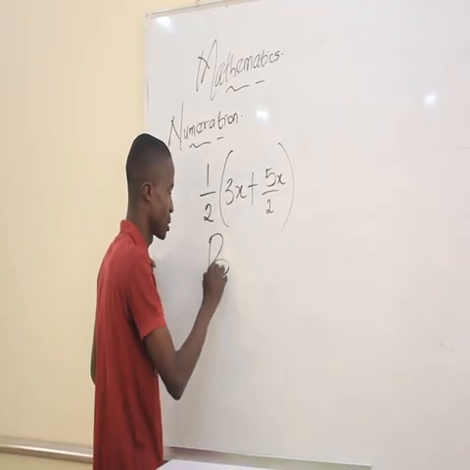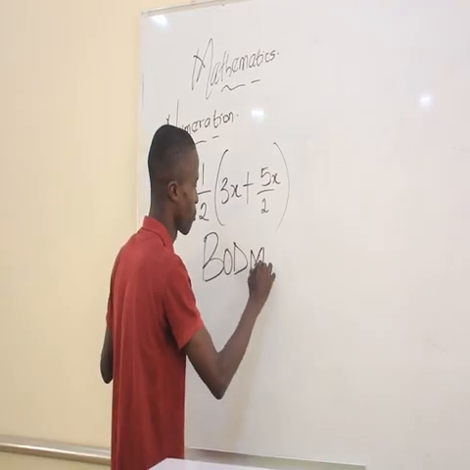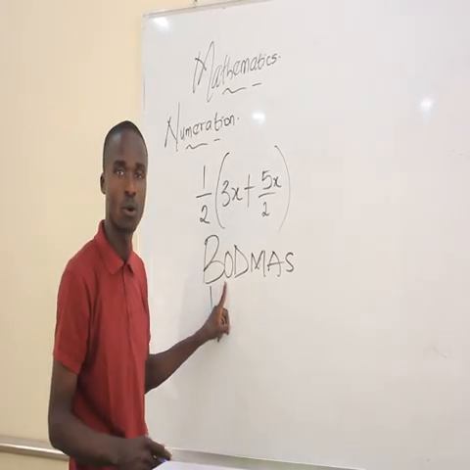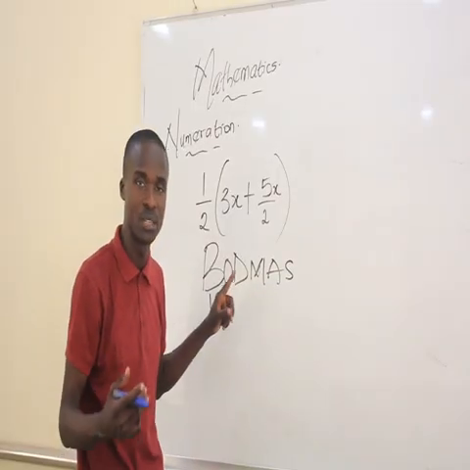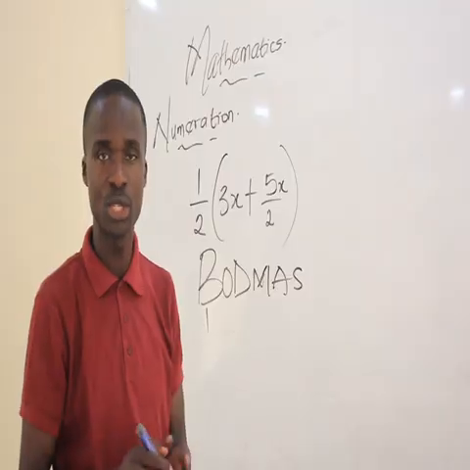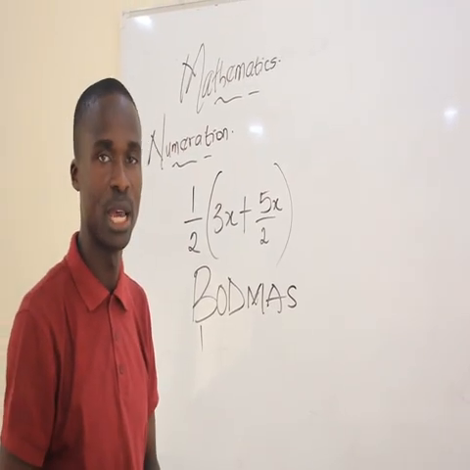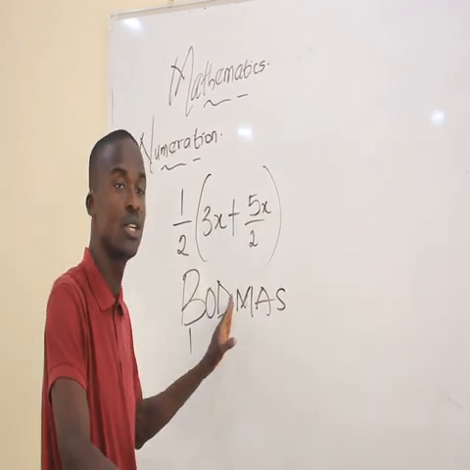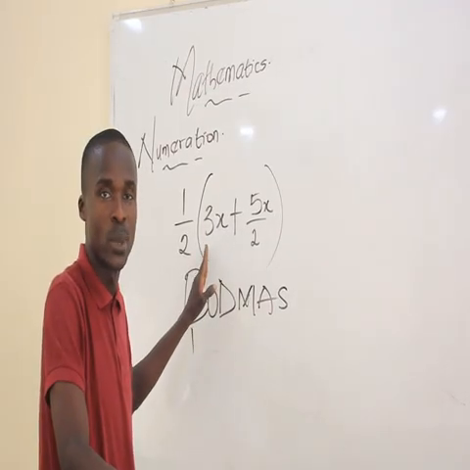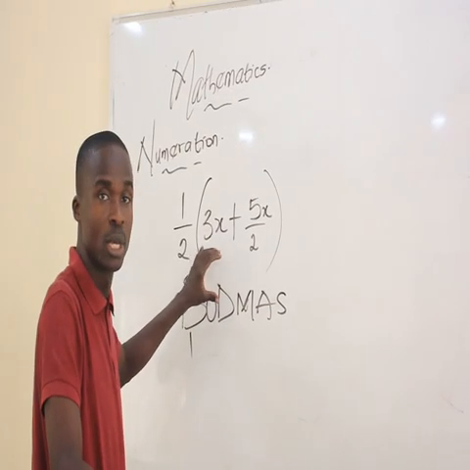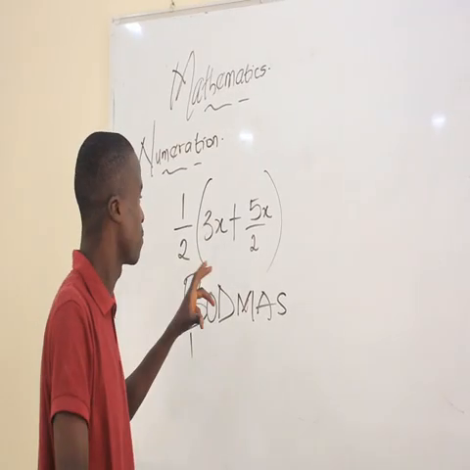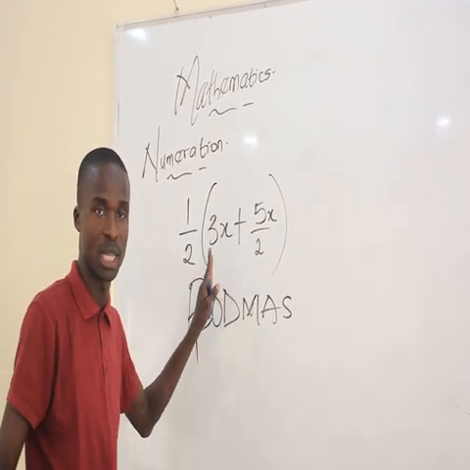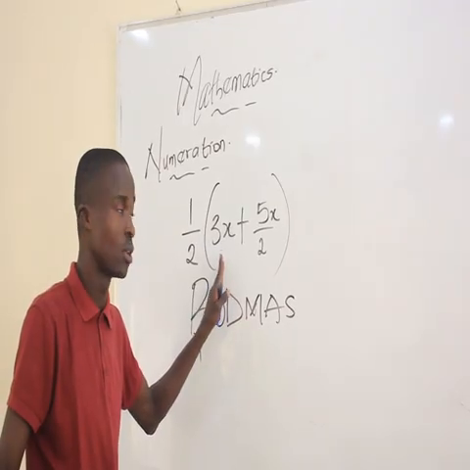Remember your BODMAS, where B stands for bracket, O stands for of, D stands for division, M stands for multiplication, A stands for addition, and S stands for subtraction. You are going to follow these rules, especially when you have simple arithmetic or operations that have to do with brackets. You deal with the bracket first, because that's what the rule says.